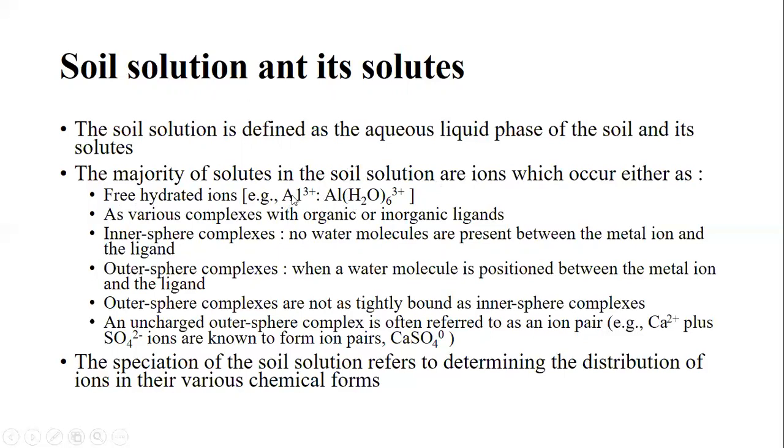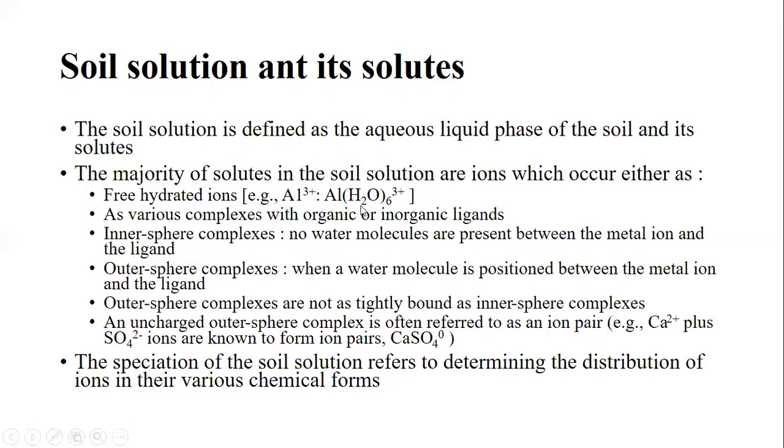So we have aluminum 3 plus. You don't find aluminum 3 plus alone. It will be hydrated. It is a free ion, but it has water molecules. They do not change its valence. They do not change its chemistry very much. They just surround it because they're attracted to it.